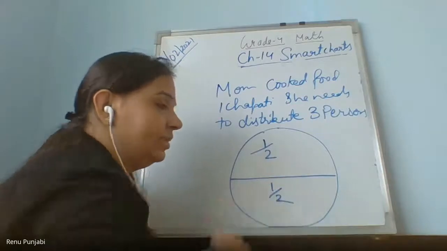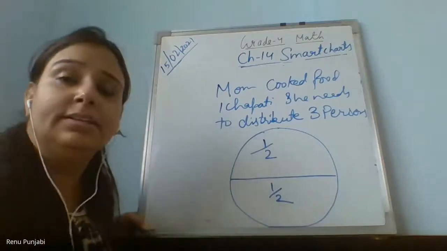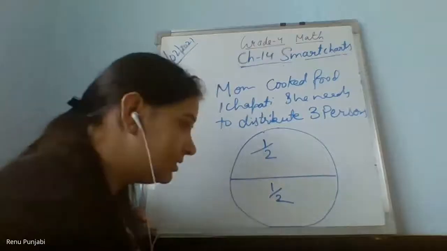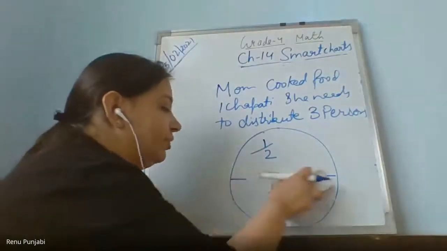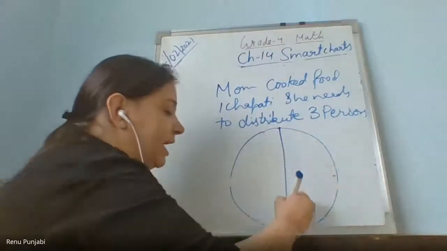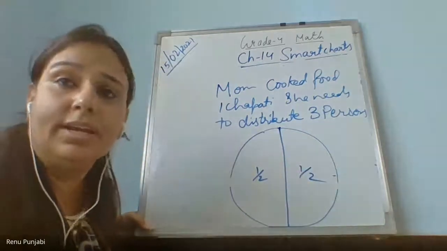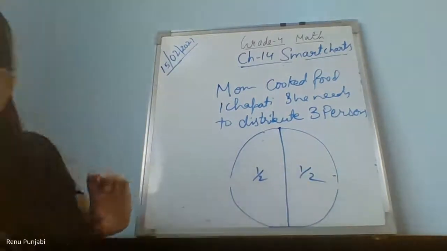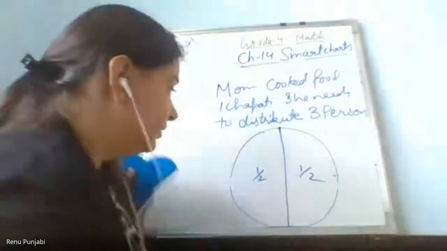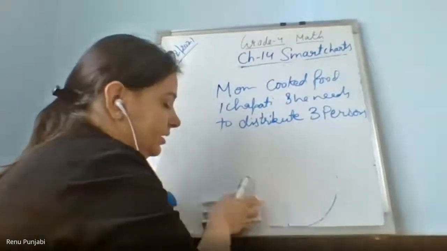Is this clear just by looking, do you know what this is? Yes or no? Yes. Whether it passes this way as a diameter or this way, this is also a diameter, then also this is half, this is half. You should know this. When the circle is being divided into 2 equal parts, see, I will represent it with my fraction kit also.